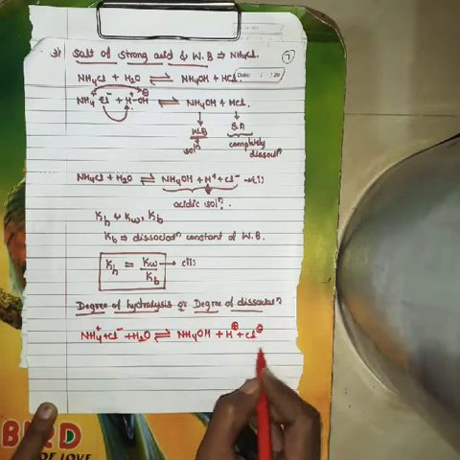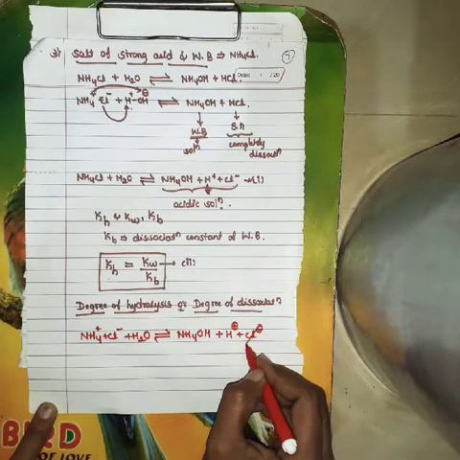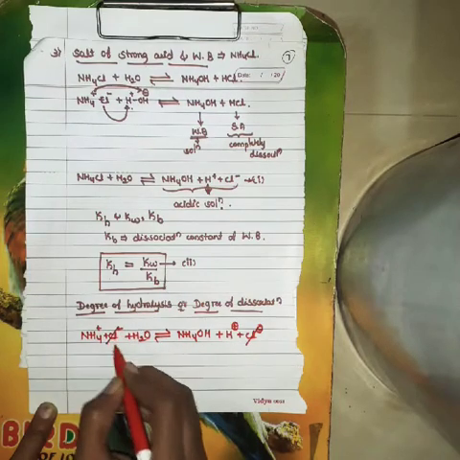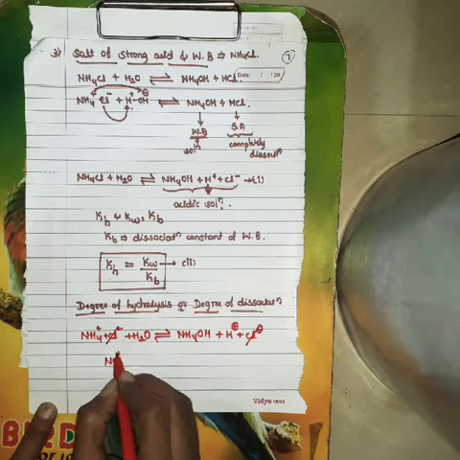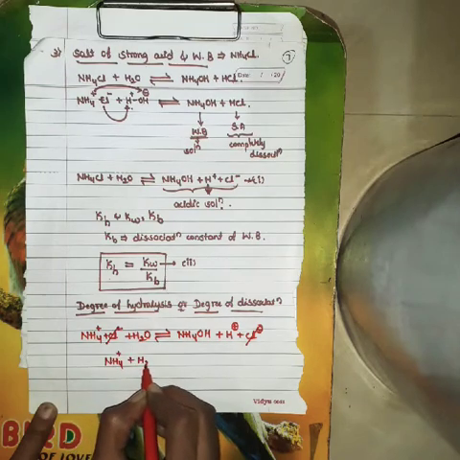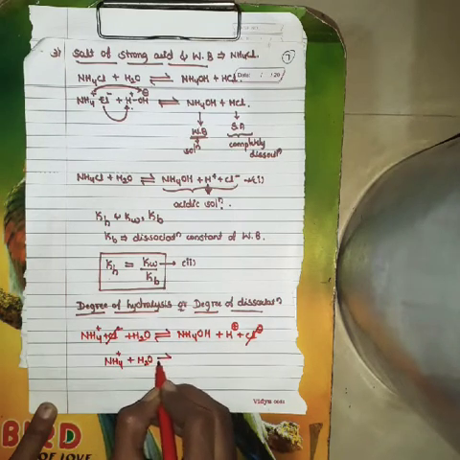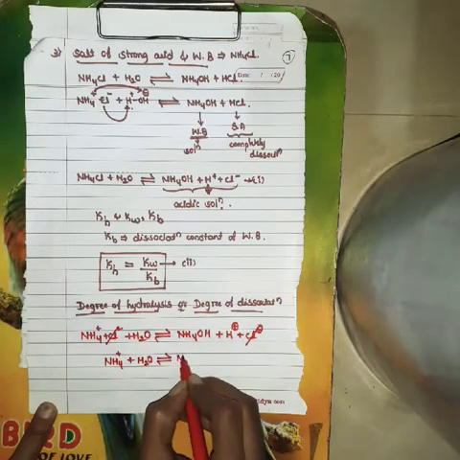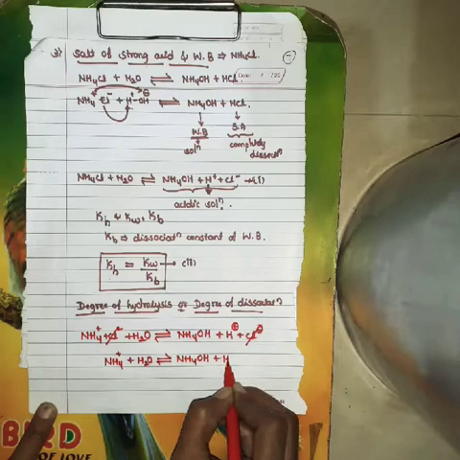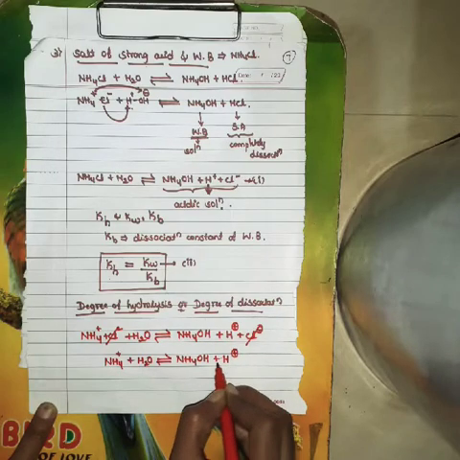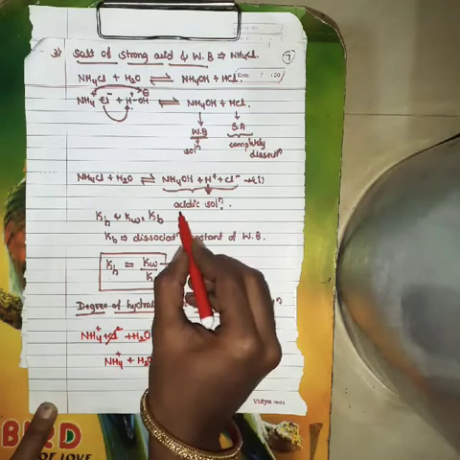Here Cl- is common on both sides, therefore it will cancel out. Therefore equation 1 becomes NH4+ plus H2O, which undergoes hydrolysis giving NH4OH plus H+. It gives H+, therefore it is an acidic solution.